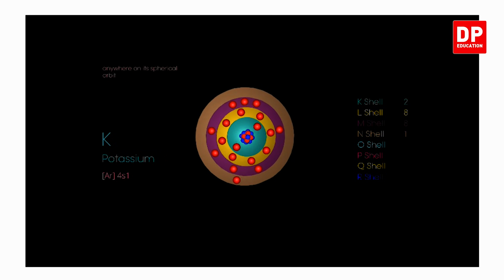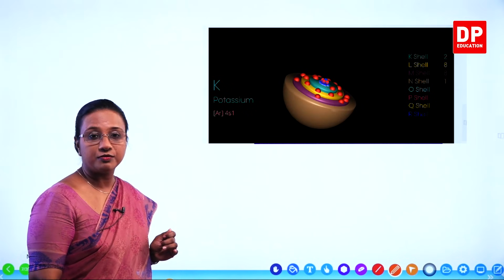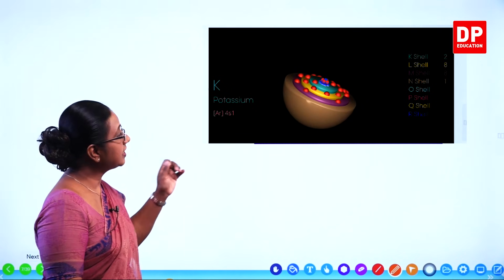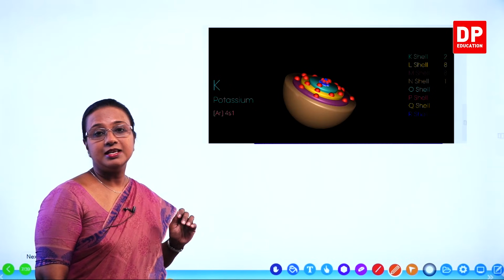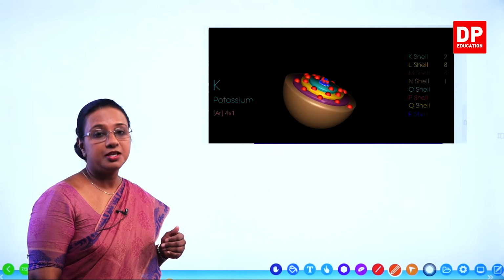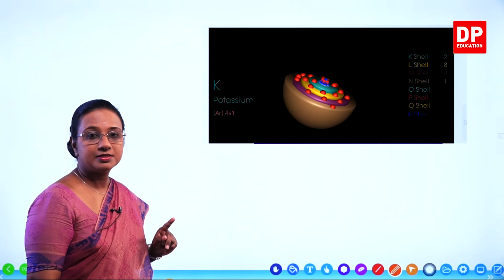Now we will look at a little bit more complex model of an atom, that is the atom of a potassium element. This has 19 electrons, protons and 20 neutrons. So there are 4 energy levels.